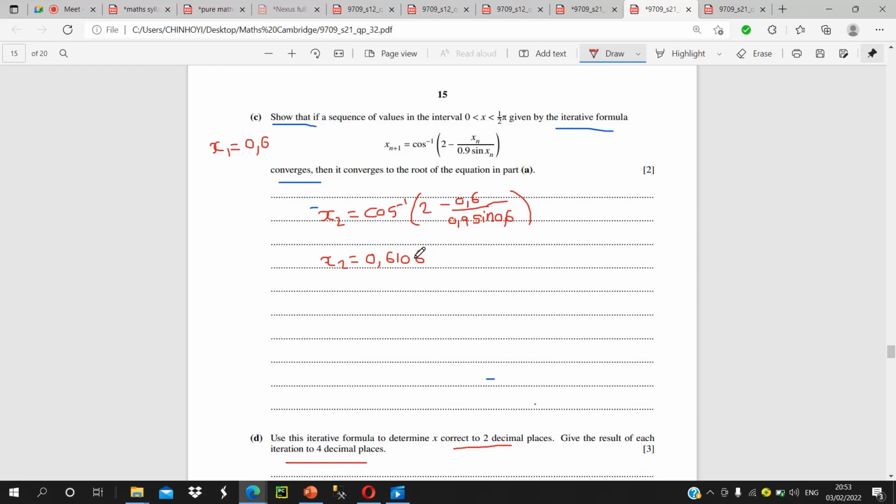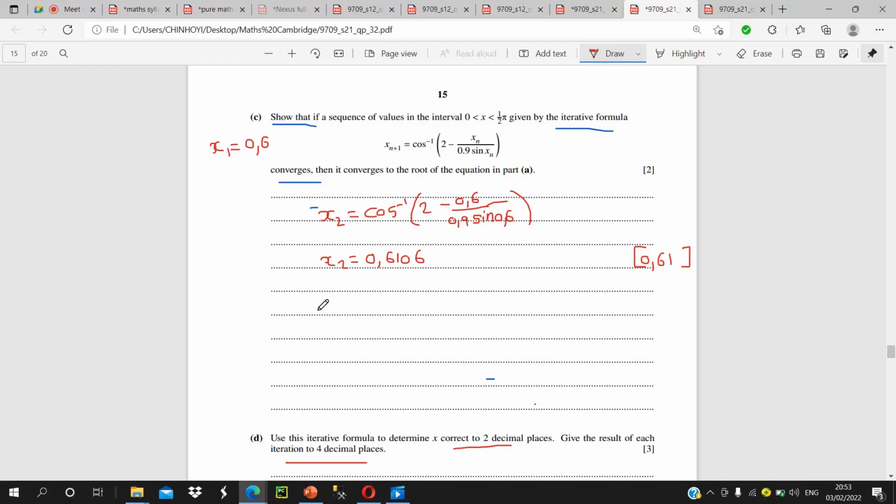Yes. So this one is to 4 decimal places. Then at the end, let's write it to 2 decimal places. So it will be 0.61, right?